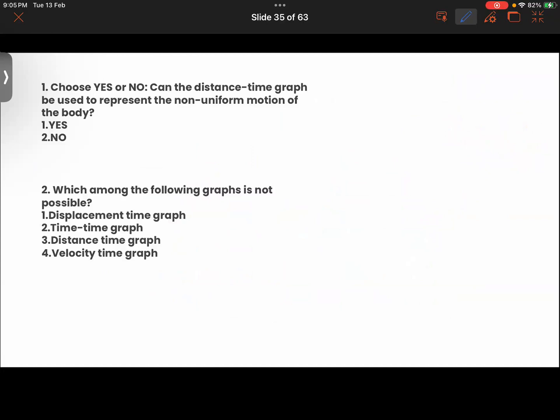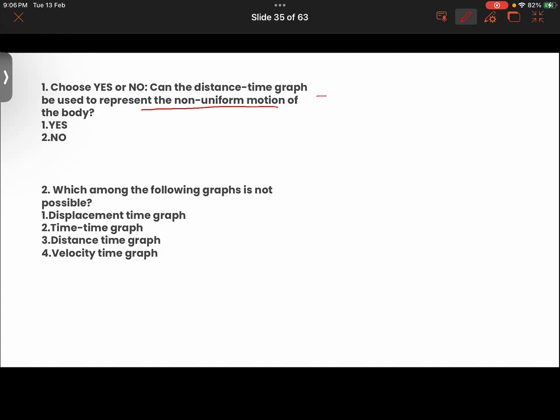Okay. This question, by the way, we have not discussed earlier. Let's see if you guys recall it or not. Choose yes or no: can the distance-time graph be used to represent the non-uniform motion of a body? Today I won't be able to look at your answers from the chat box, so answer here in the class.